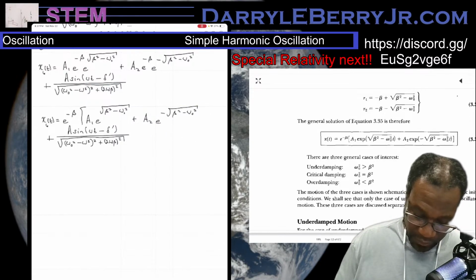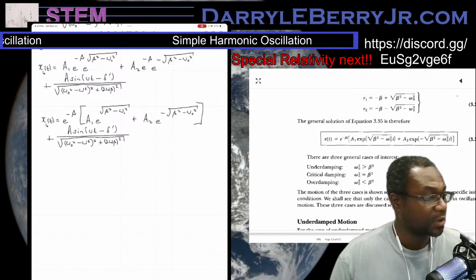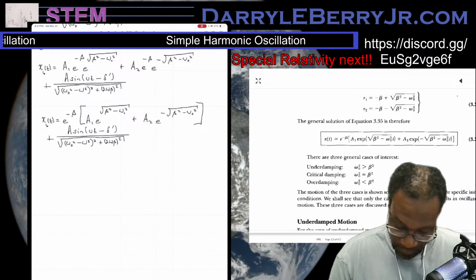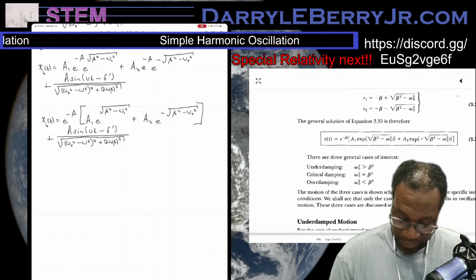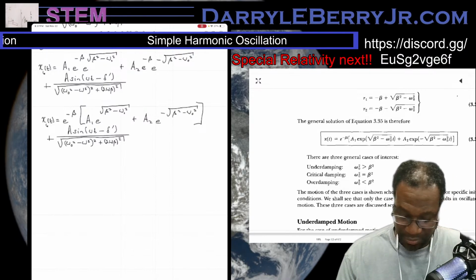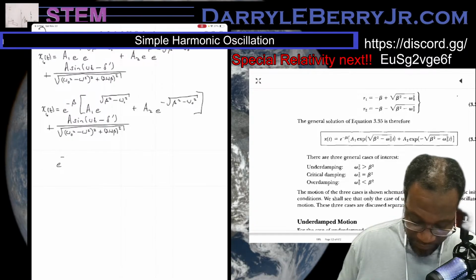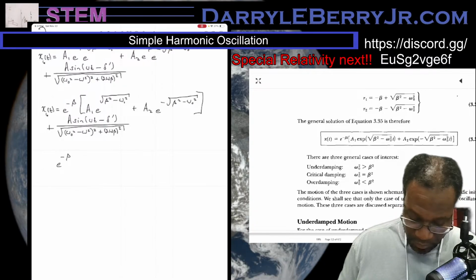And now I have this. I'm going to factor one of these out. One thing we can notice is that since this is a damped driven oscillator, the e to the negative beta relates to the damping.